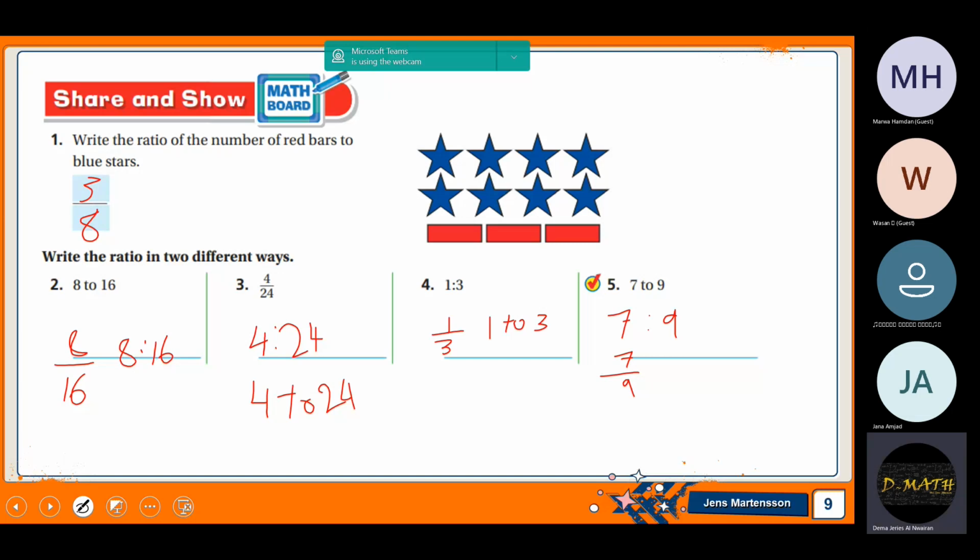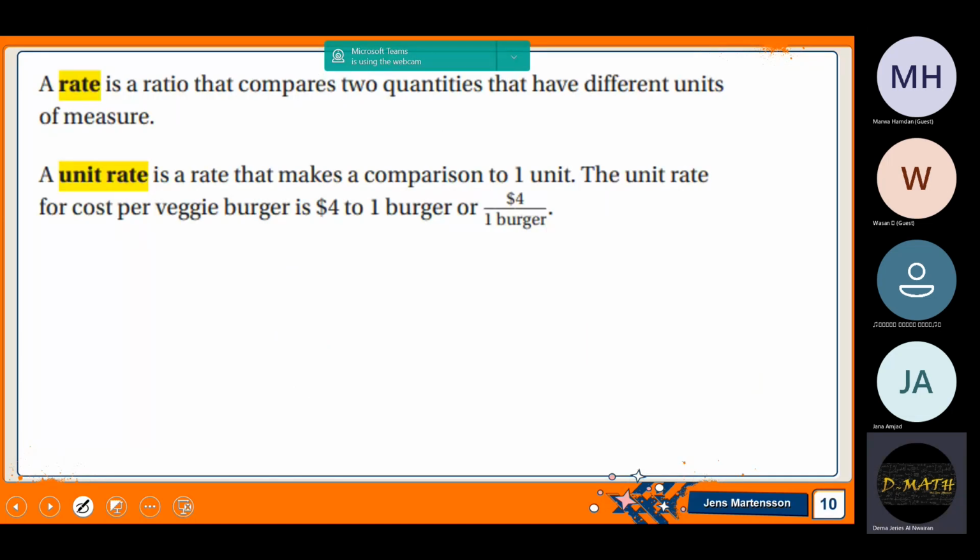Now, let's talk about the rate. What is the rate? Rate is a ratio. Which page? 218. Okay, I took the definition from the example. Now, what do I mean by rate?